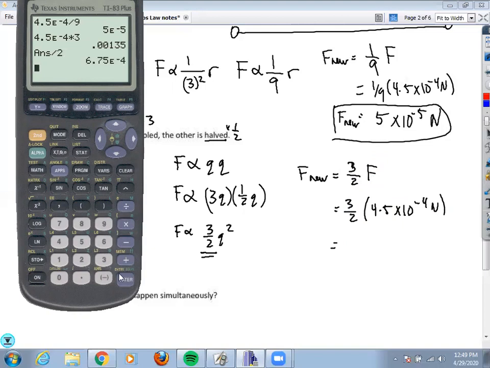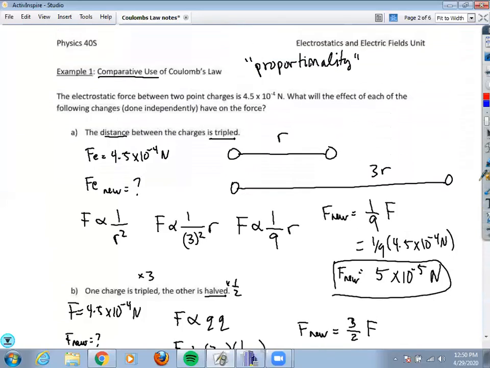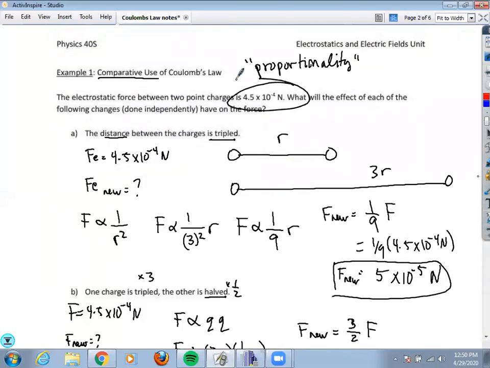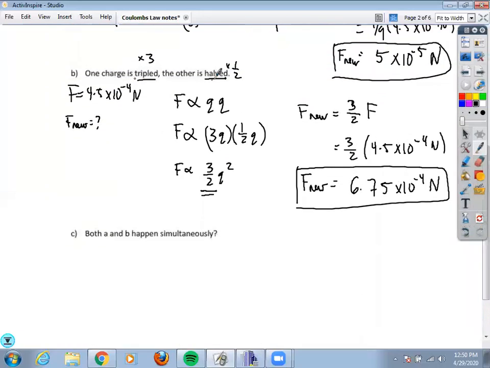And you get 6.75 times 10 to the minus 4 newtons. That is the new force acting on the object. Again, this is just proportions. Okay? So you only use this if you're given the force. You're not given anything else, and you're told, okay, comparatively, what's happening. In this case, we triple the distance, we change the charge, tripling one and halving the other.